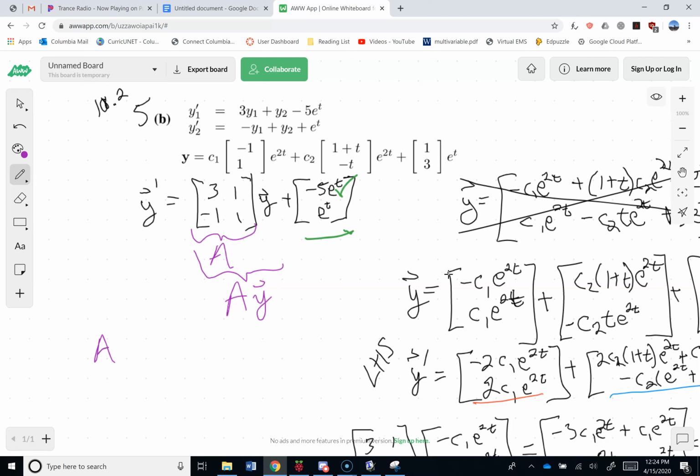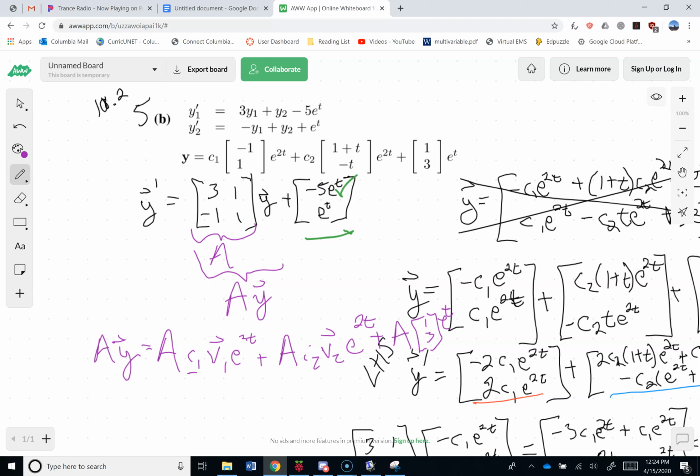So if I'm going to do AY, I may as well say that's A times C1. Actually, let me just write this as A times C1 V1 e to the 2t plus A times C2 V2 e to the 2t plus A times the vector 1, 3 times e to the t.